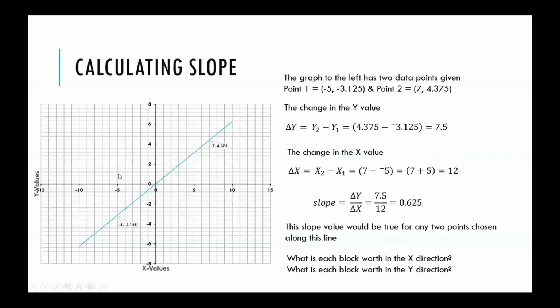The rise, the height, over the run, the length. So therefore, the slope of this particular line in this example is 0.625. This slope is constant throughout the entire line. Any 2 points you pick on the line itself will give you a slope of 0.625.